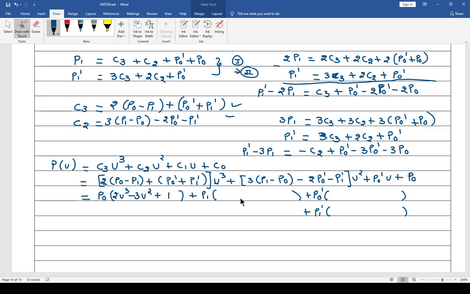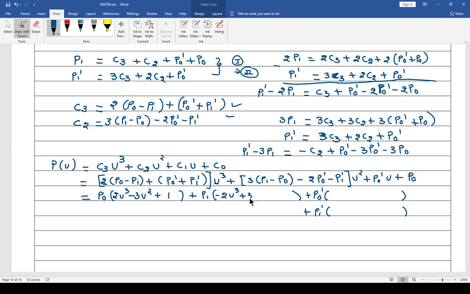Okay, now for p1, so I could find out this is minus 2u cube, and p1 here in this case 3u square.